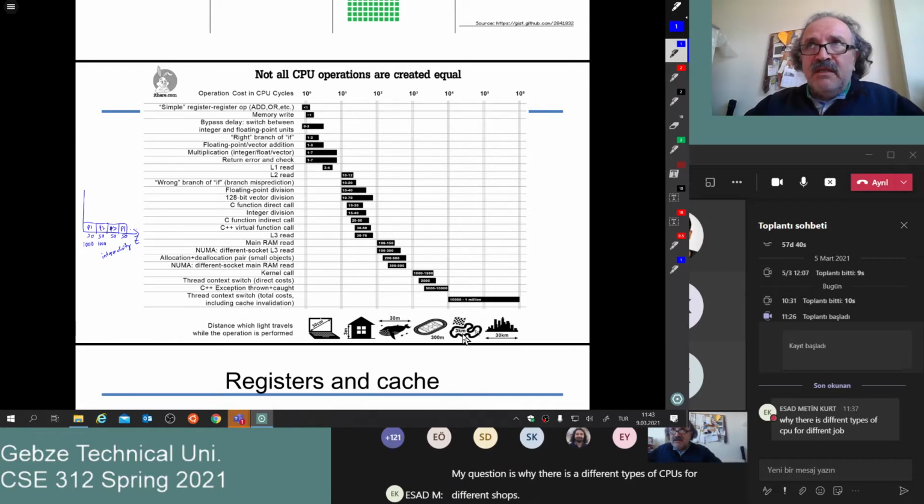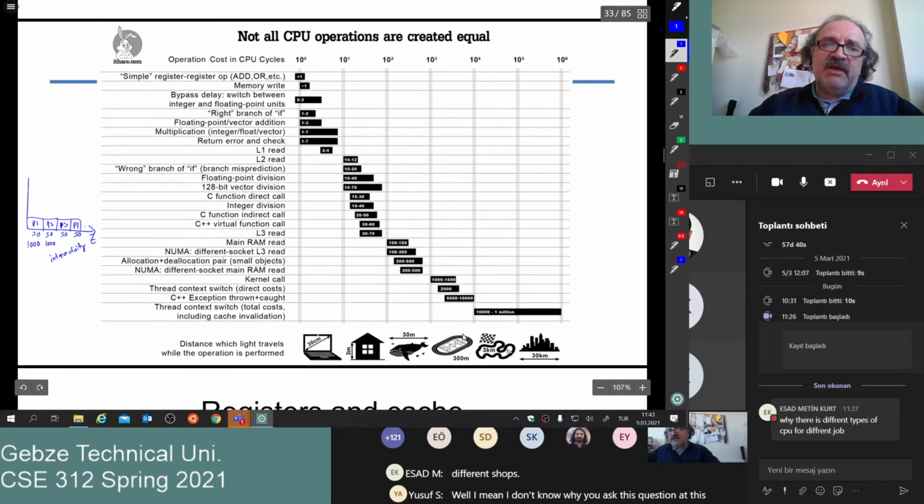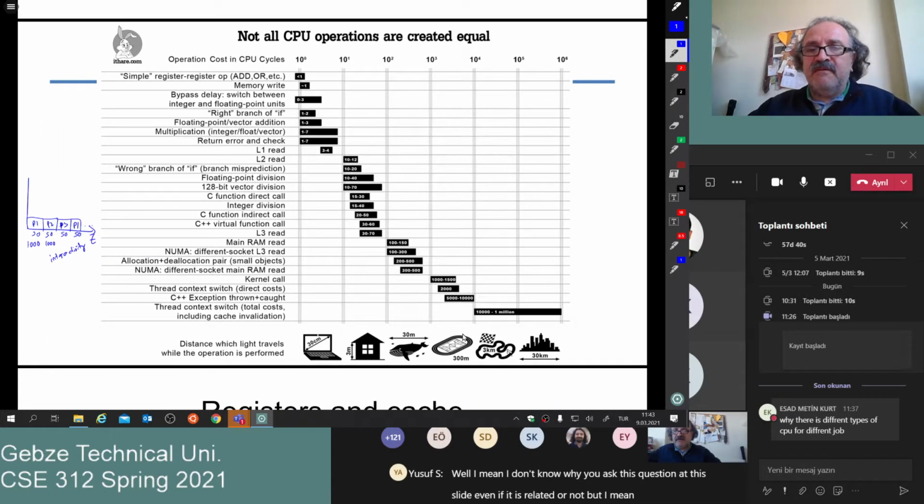Well, I don't know why you asked this question at this slide, if it is related or not, but for a general purpose computer, our CPUs are different than embedded system CPUs. With the embedded system CPUs, most of the time, you don't need the protection hardware at all.